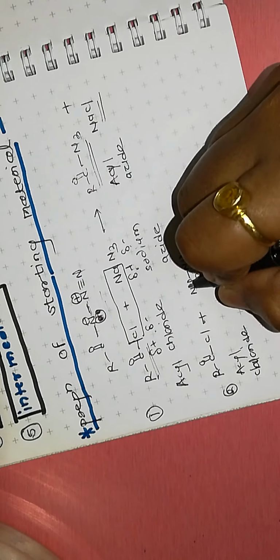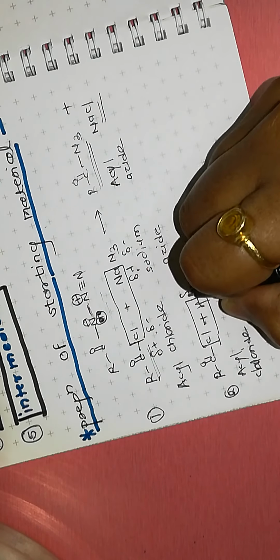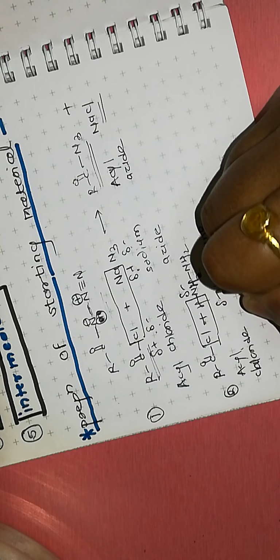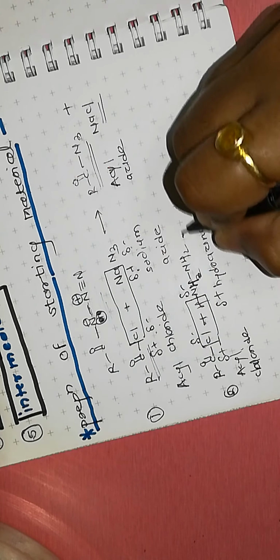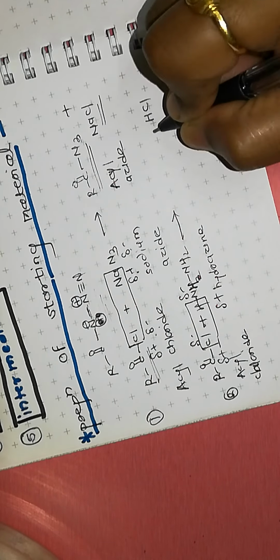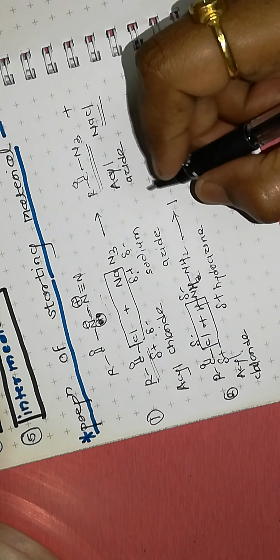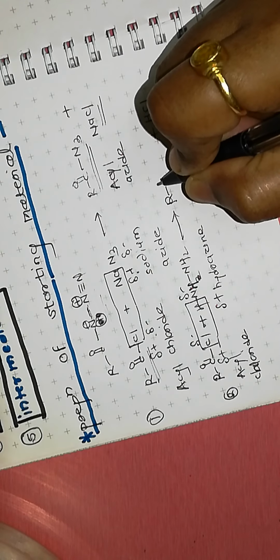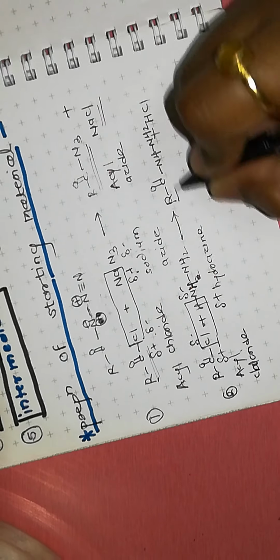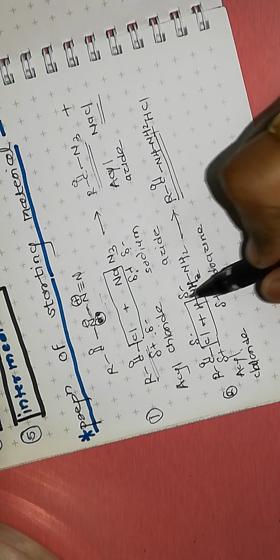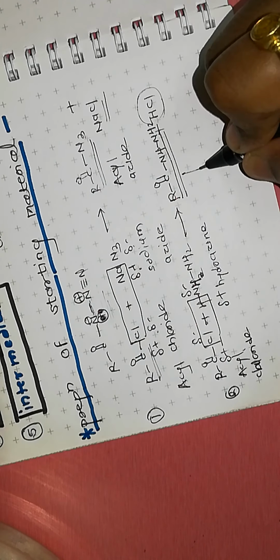Here nitrogen has a negative charge, hydrogen has a positive charge, chlorine has a negative charge, carbon has a positive charge. By elimination of HCl, we get RCONHNH2. Here H and Cl are eliminated as byproduct.